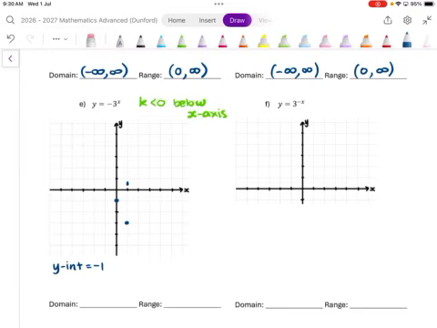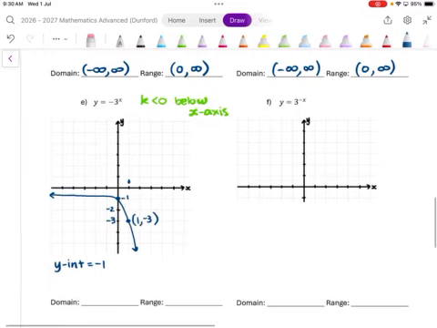Okay, and so what's happened is it is flipped like so. Need to put some numbers on: -1, -2, -3. That is the point 1, -3. Need to write my function.